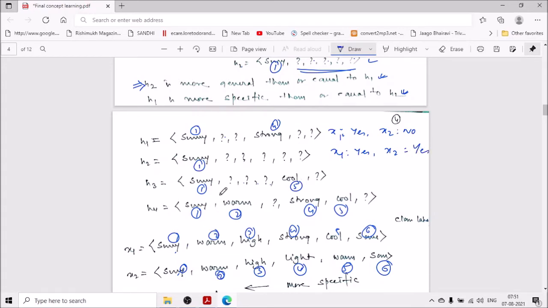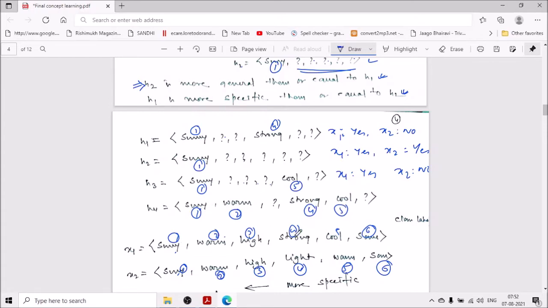Now you can see H3. We check the first and fifth attributes. First is sunny, fifth is cool. So that is okay for X1. For X2, sunny with warm is not okay, so X2 is no. Now H4: sunny, warm, strong, cool.